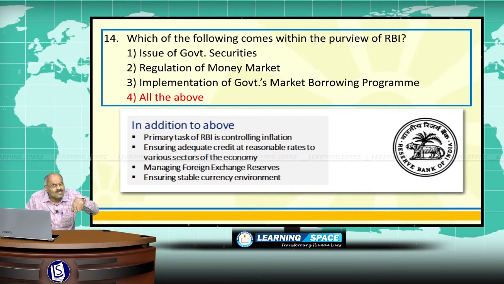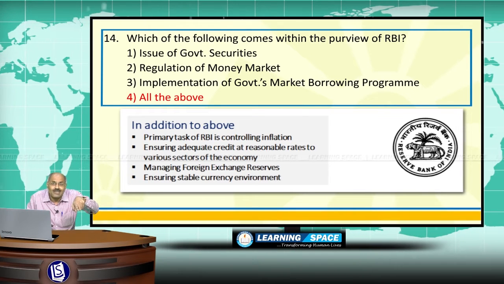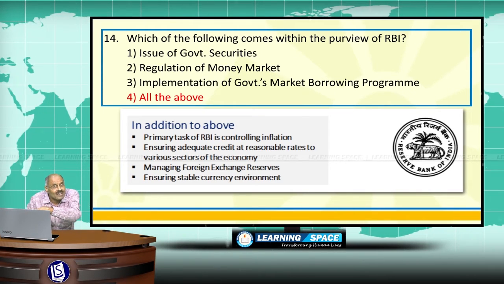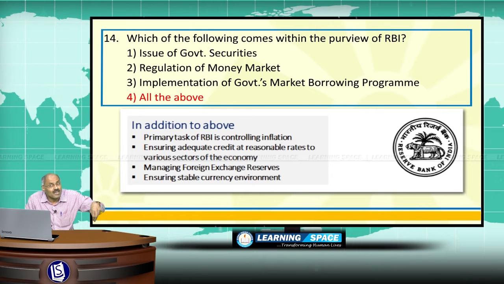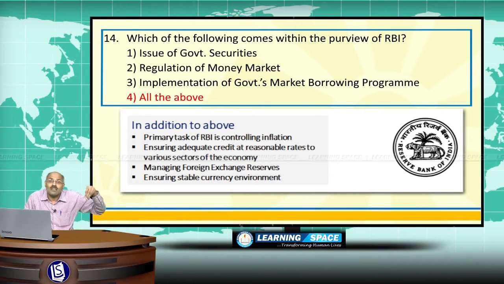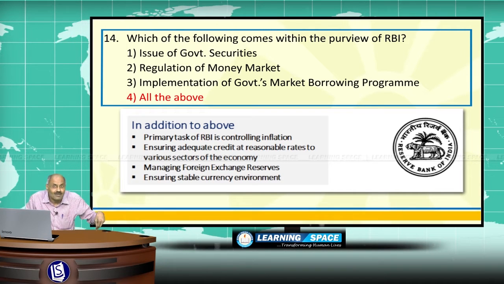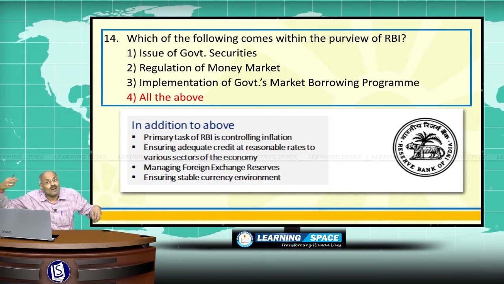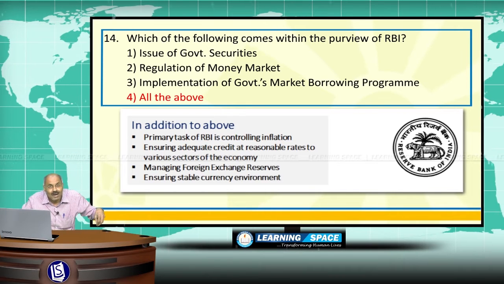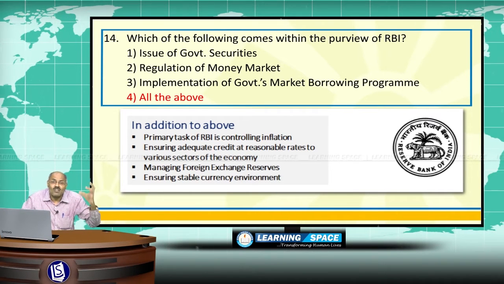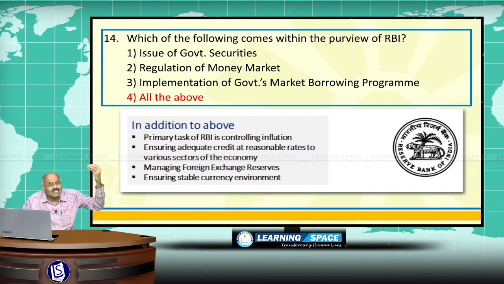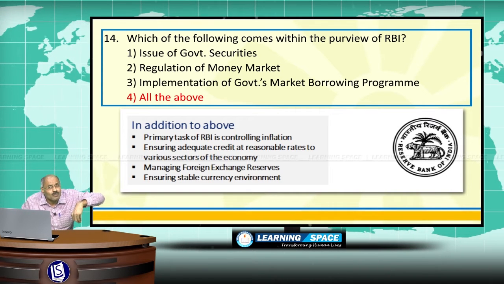So, if someone asks what is the regulator for money market instruments, that is Reserve Bank of India. Third one is government's market borrowing program. Government's market borrowing program is taken up by Reserve Bank of India by issue of government securities. By issue of government securities, Government of India will get money, that is the government's market borrowing program.